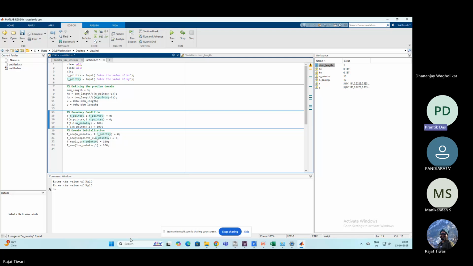I have to look into the problem itself. So this endpoint y is ranging from 0 to 100. This is equal to y, and this is ranging from 1.